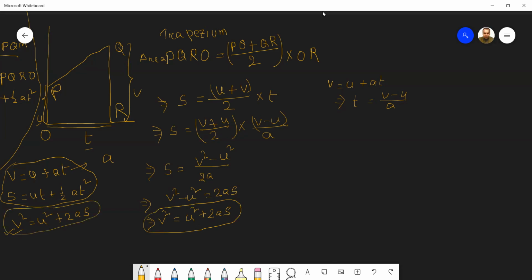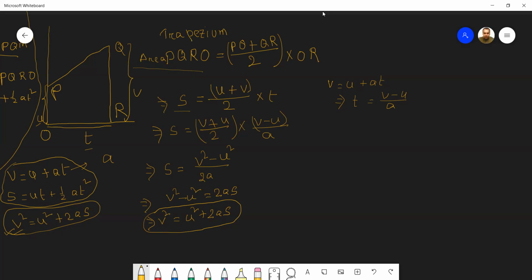This one we have derived. So have you seen, this is quite simple. You have to just calculate the area of this trapezium, okay? If we can calculate that, that would give us the value of the distance. So you employ the area of trapezium formula here, PO plus QR, PO is U, QR is equal to V, divided by 2 multiplied by OR, the base.